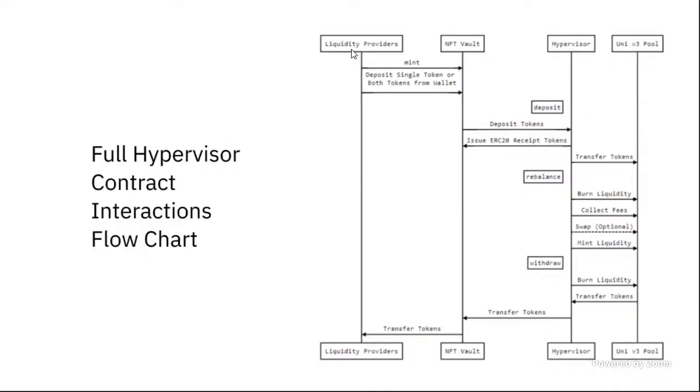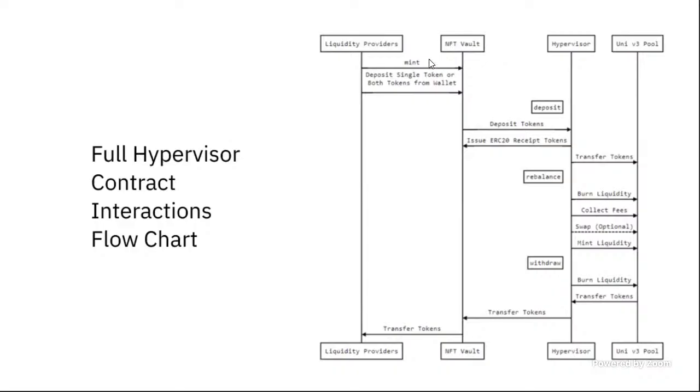Basically, you must first mint the NFT vault, which is separate from the Hypervisor LP NFT. It's not related to that. It's our vault where we allow users to hold all of the Hypervisor LP ERC20 tokens in one place.